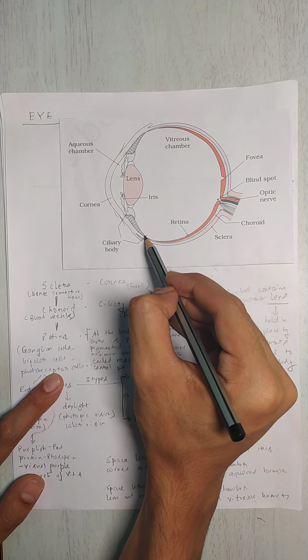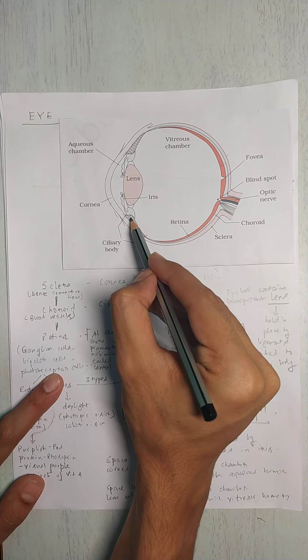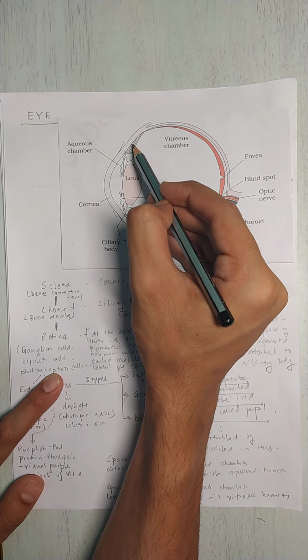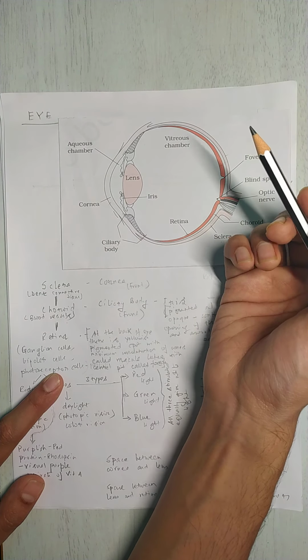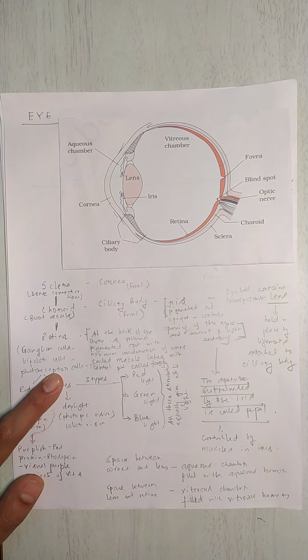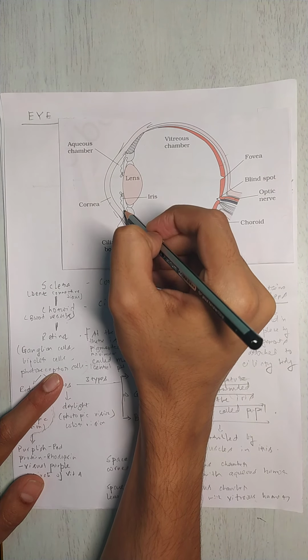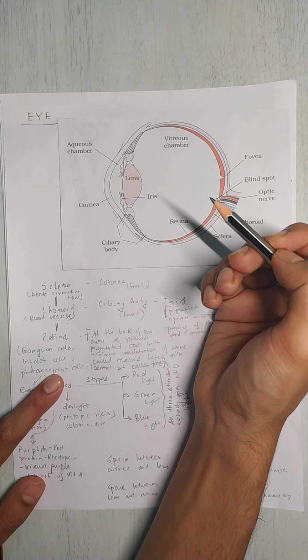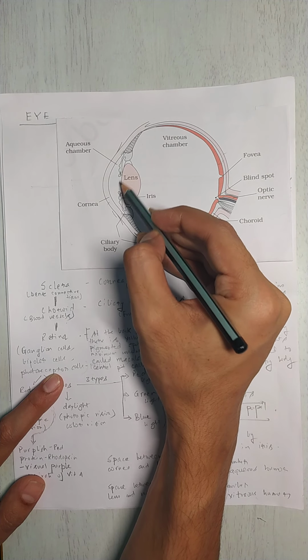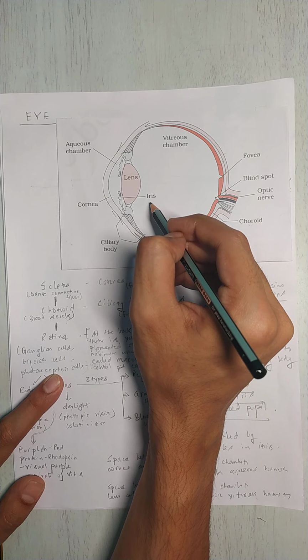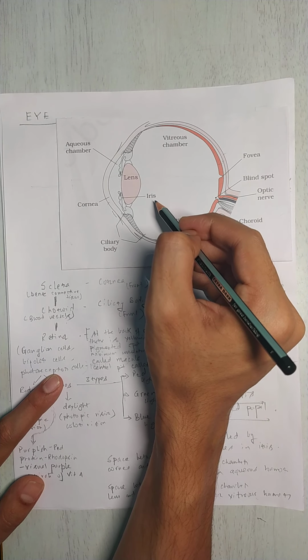So the choroid layer comes in front as the ciliary body, and in front of the ciliary body, further in front, is the iris, which is the pigmented and opaque part of the eye. If this is the ciliary body, then this is the iris of the eye, and this iris controls the amount of light that enters the eye.